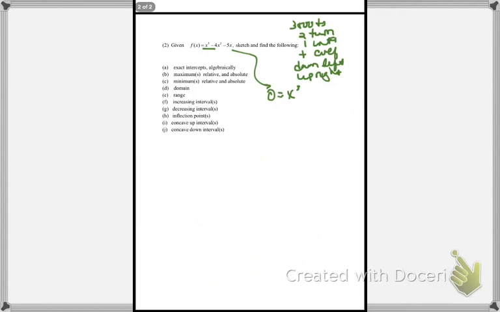Let's factor this. Take out an x. Factor it again. There's no multiplicities here. Everything is just a single root, and we expected to see 3 of them.